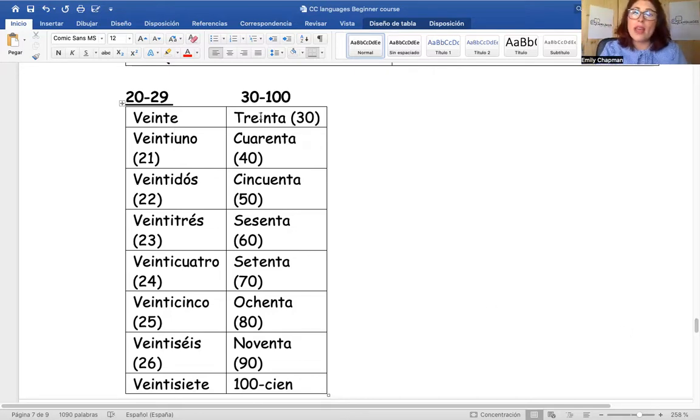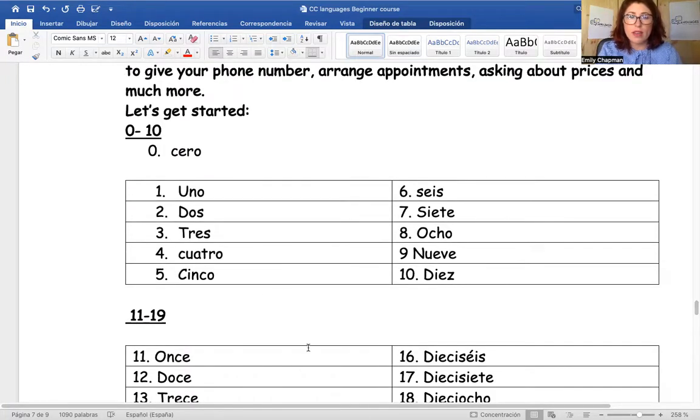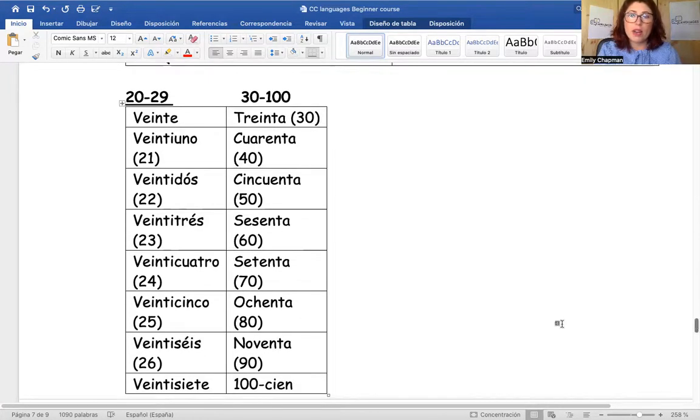All we need to know is our first block, our first category here, 1 al 10, 1 to 10. And then our last block here. And then 100 would be an exception. So 100 is once again just one word that we would need to memorize.